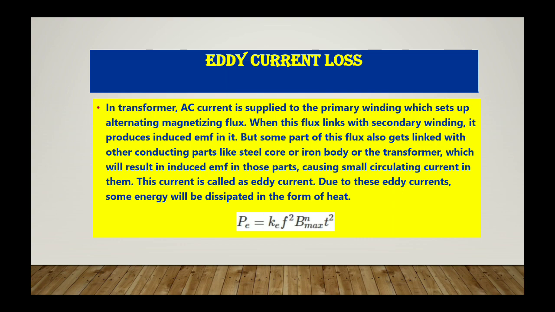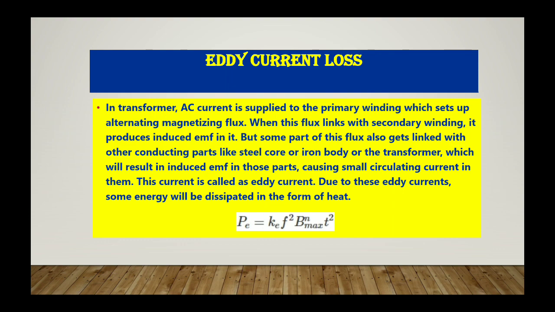But some part of the flux also gets linked with other conducting parts like the steel core, the iron body of the transformer. Actually, these parts are ferromagnetic material, and it is also conducting material.